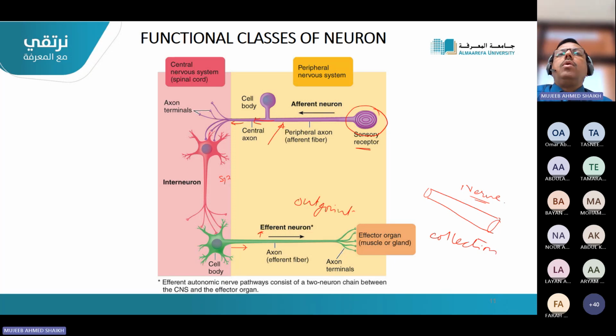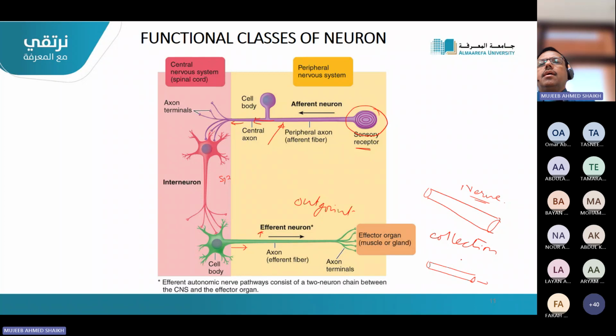Now the collection could be of only one type, that is, only sensory. So we call them sensory nerves. Those which have only the fibers, only the neurons, of afferent type, we call sensory nerves. Some neurons only bring information from the nervous system towards the organ.